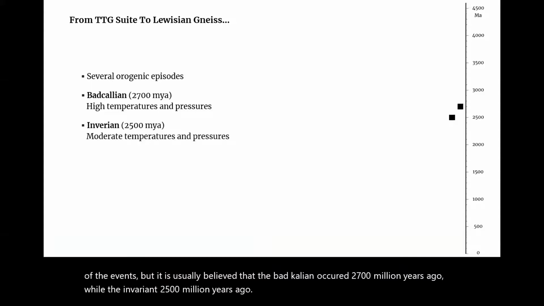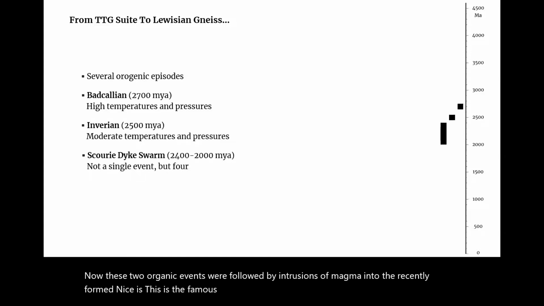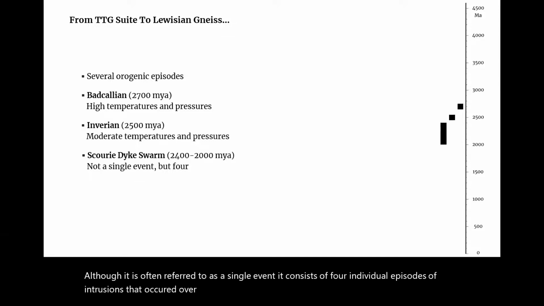Now, these two orogenic events were followed by intrusions of magma into the recently formed gneisses. This is the famous Scourie Dyke Swarm, which is a major reference point in the overall chronology of the Lyrician Complex. Although it is often referred to as a single event, it consists of 4 individual episodes of intrusions that occurred over a long time span.